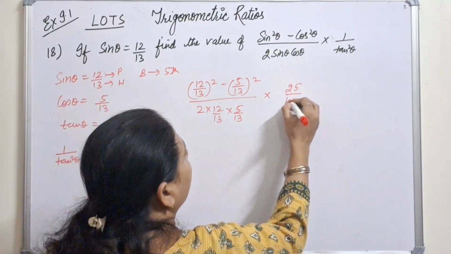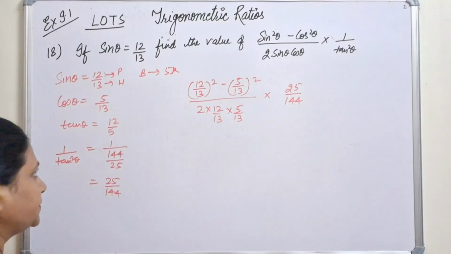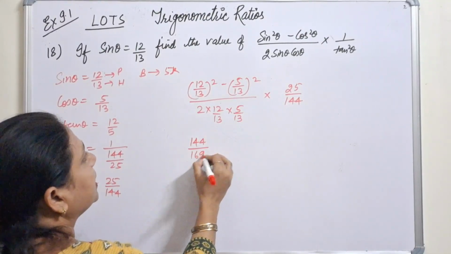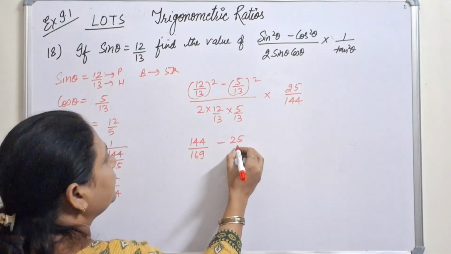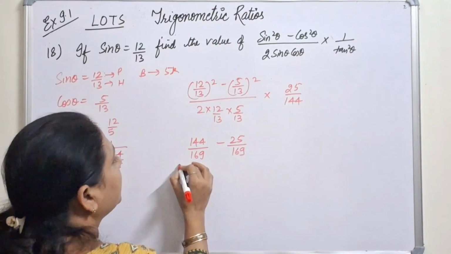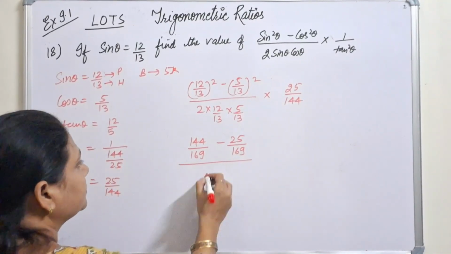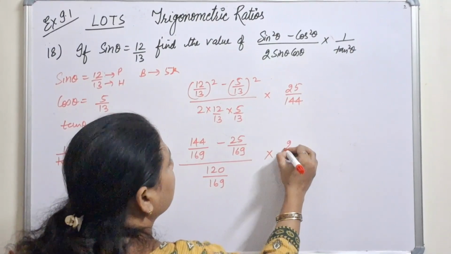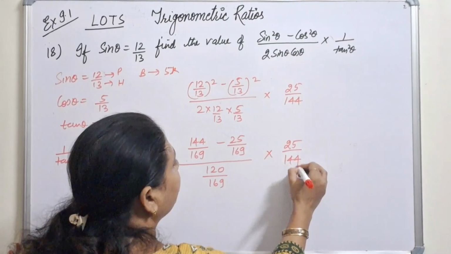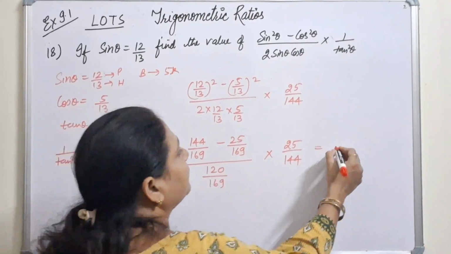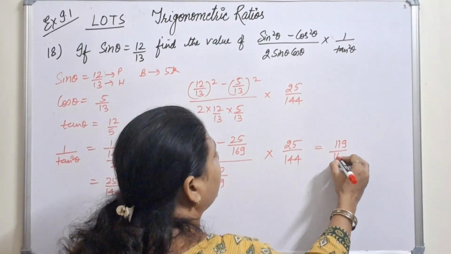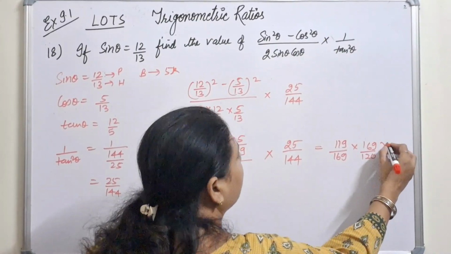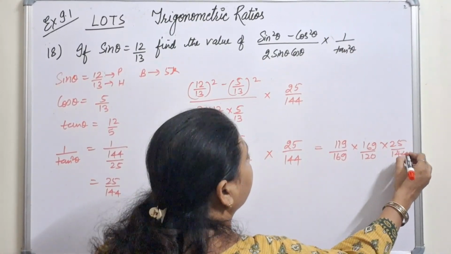So 25 upon 144. So this is 144 upon 169 minus 25 upon 169 whole upon 120 upon 169 into 25 upon 144. 144 minus 25 will be 119 upon 169 into 169 upon 120 multiplied by 25 upon 144.